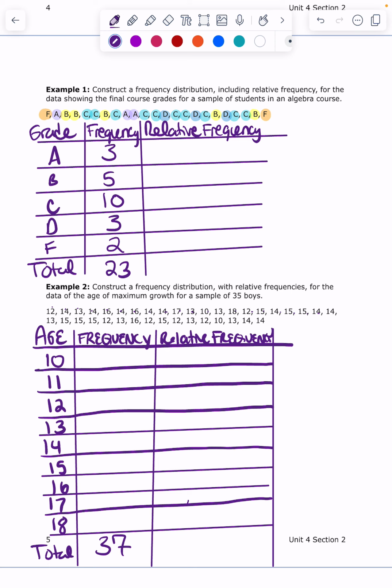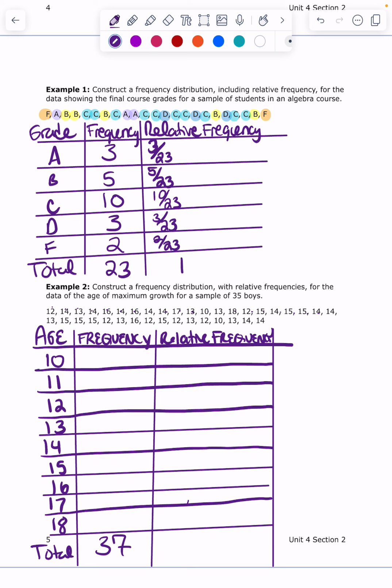Relative frequency. To find that, you just take the frequency and divide it by the total. It should be represented as a decimal or a percent. I'm going to do that after I write down all the fraction forms.